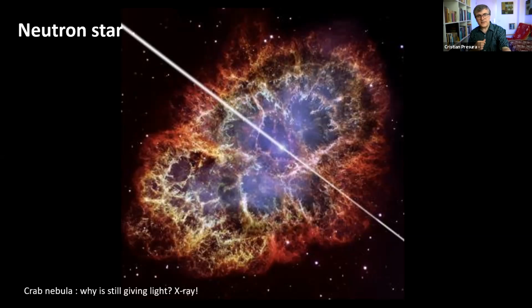But the fascinating thing was that when astronomers looked with the telescope at this nebula, they saw that the remnant star, the neutron star, was still shining very brightly, even after about 1,000 years. And they didn't understand why, because it wasn't supposed to be so bright after 1,000 years.